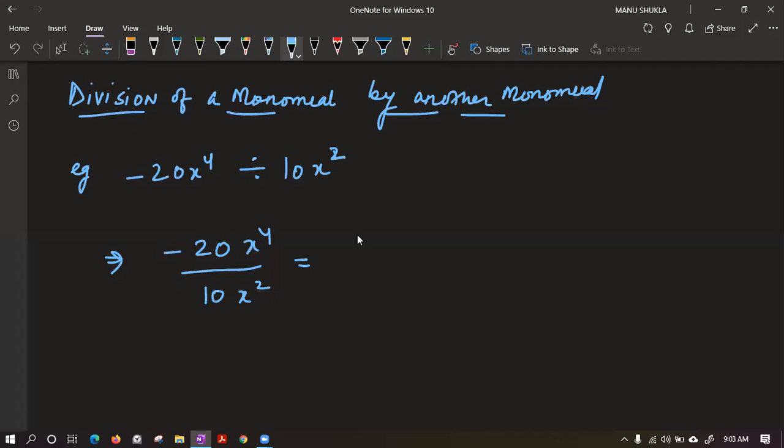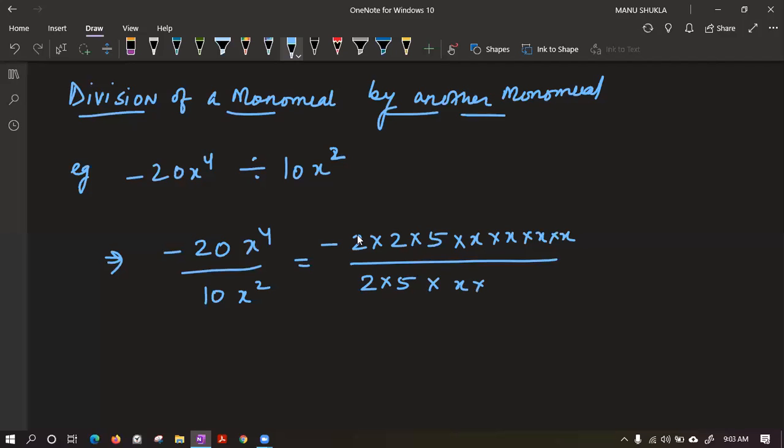We can write 20 as 2 into 2 into 5. We can write x power 4 as x into x into x into x. Upon we have 10 as 2 into 5 into x into x.